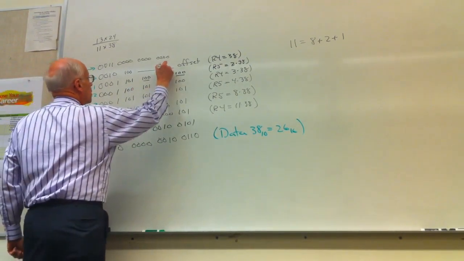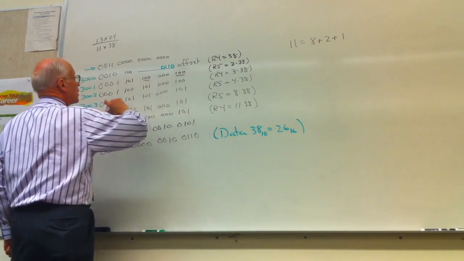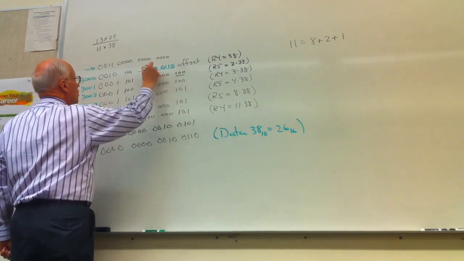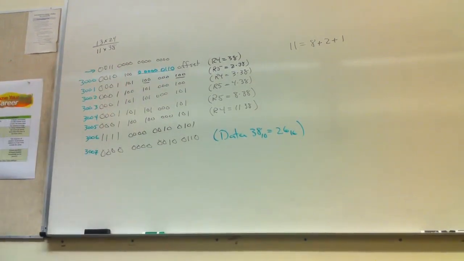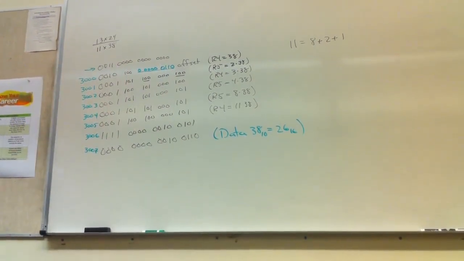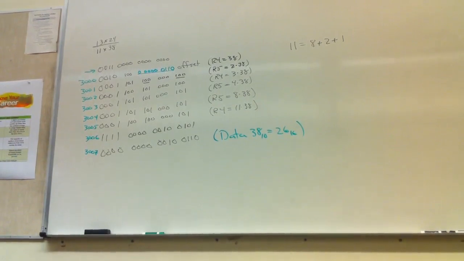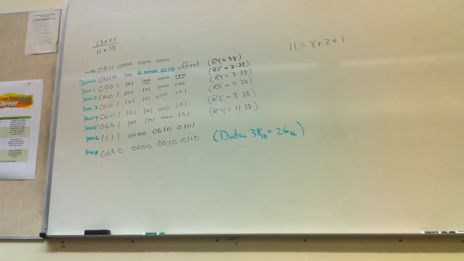So it's a 6, 1, 2, 3, 4. There are 9 bits up there, so that's what the offset looks like. You can't figure that offset until you know where it goes.